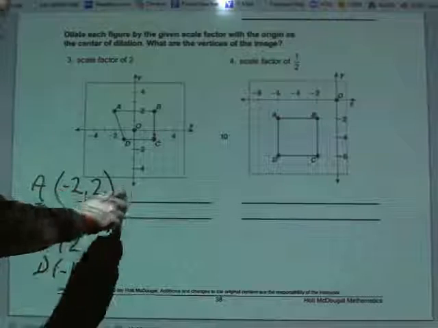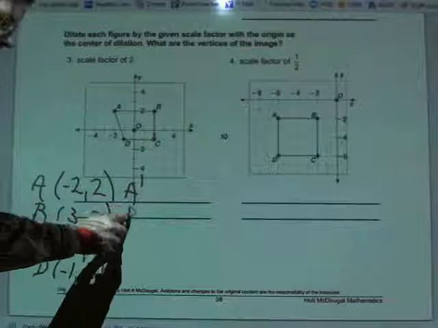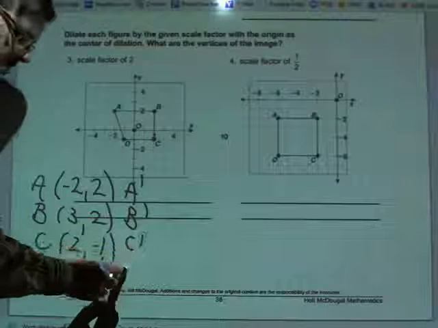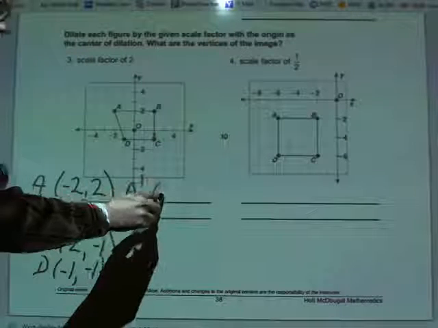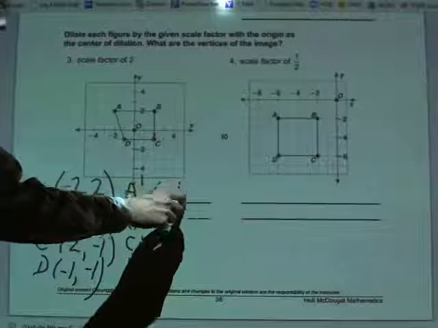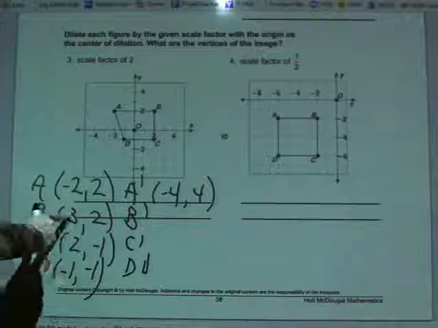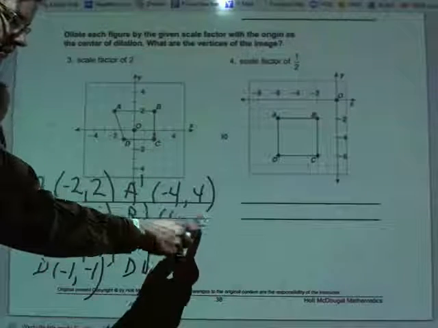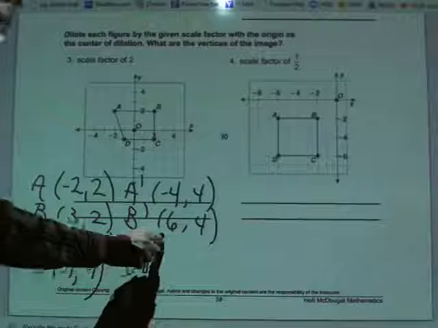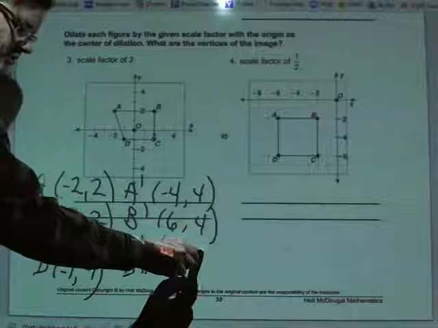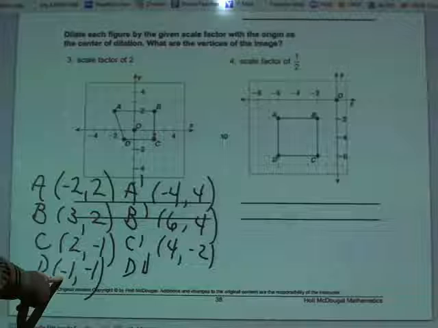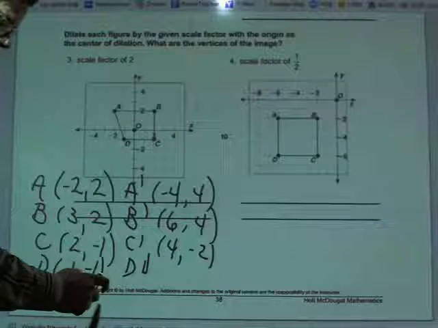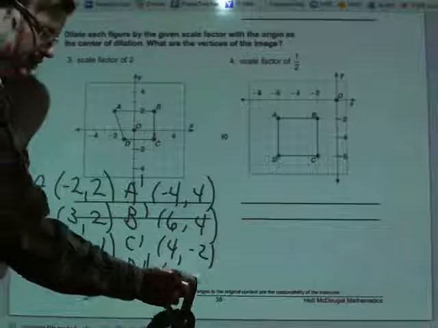So when I do negative 2 times 2, negative 2 times 2 is negative 4, and 2 times 2 is 4. 3 times 2 is 6, and 2 times 2 is 4. 2 times 2 is 4, and negative 1 times 2 is negative 2. Negative 1 times 2 is negative 2. Again, the same there. So those are my new coordinates.